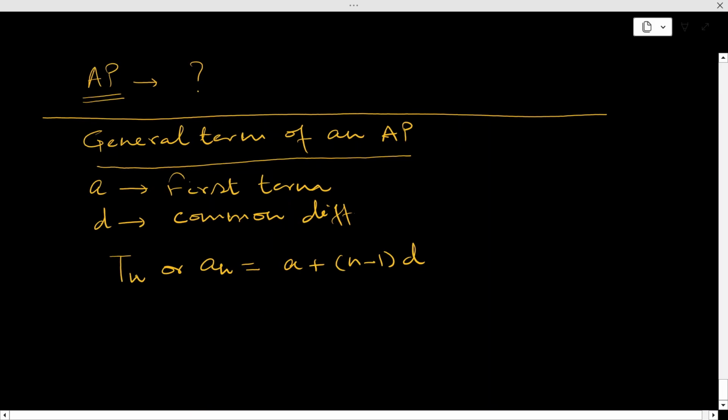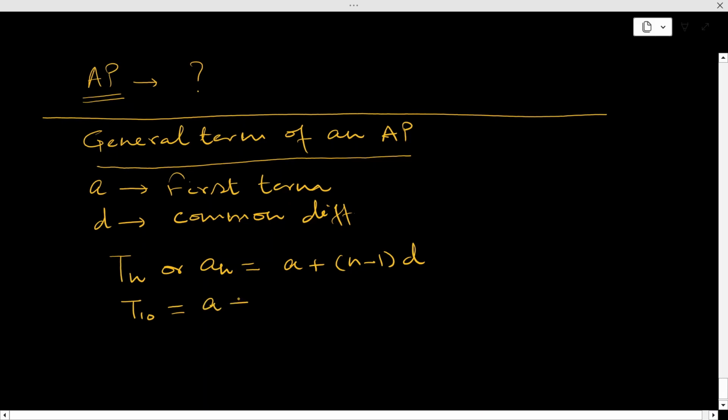Here this n is the term which we have to determine. Suppose we have to determine the 10th term, meaning T10.